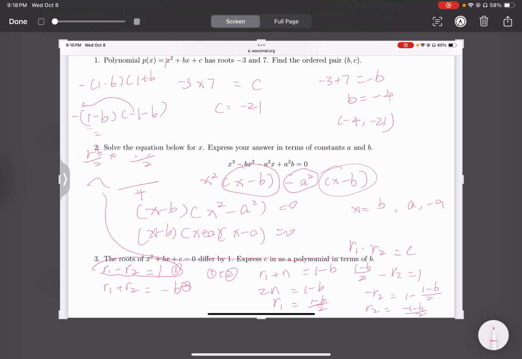So it's negative 1 minus b squared, and it's over 4 because it's 2 times 2 for the denominator. So that's a pretty basic question.